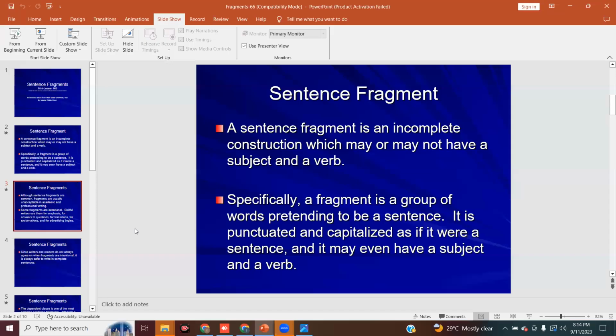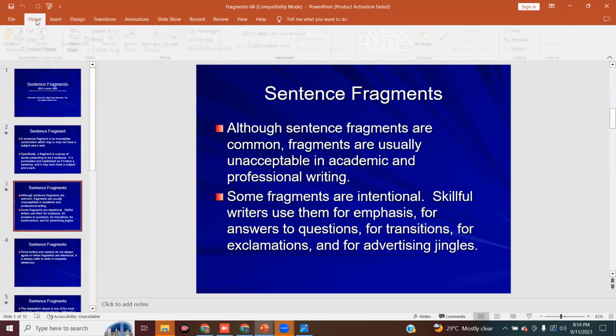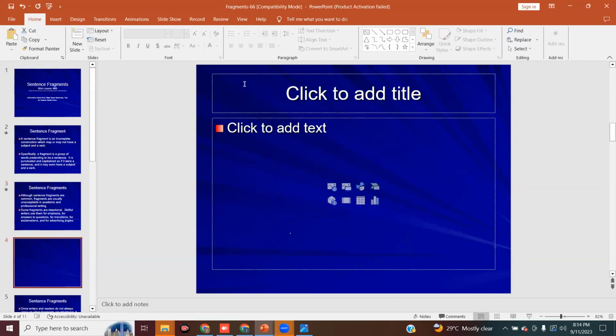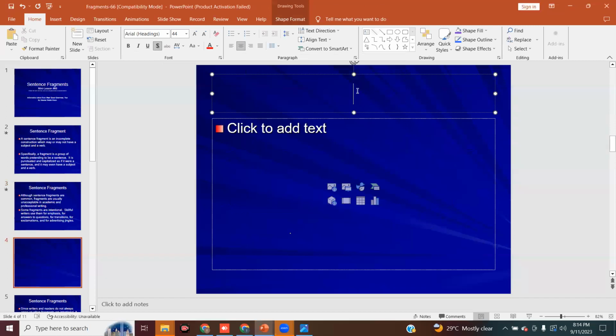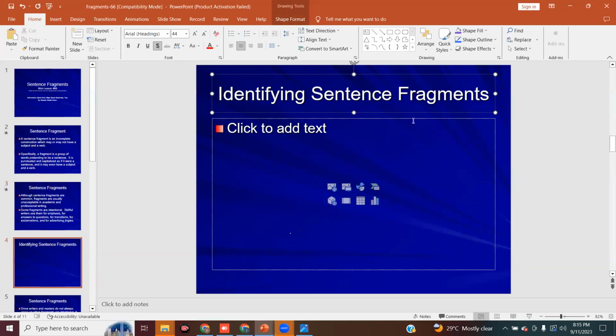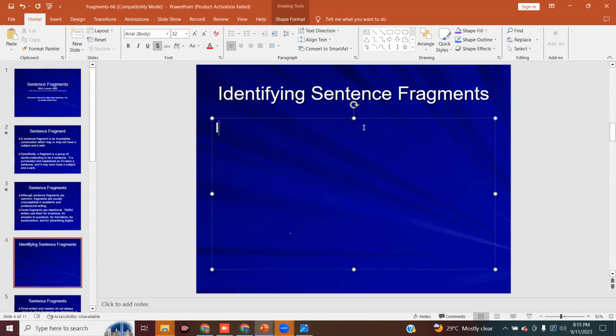So, identifying sentence fragments. Underline the sentence fragment. So write this down.